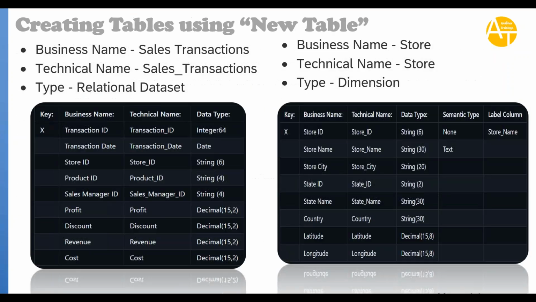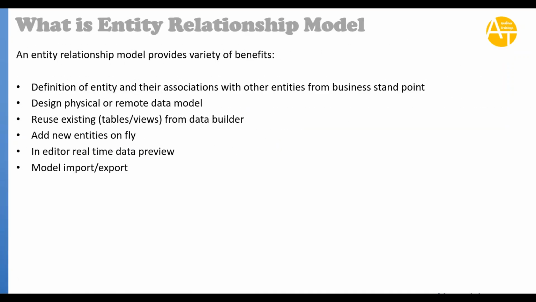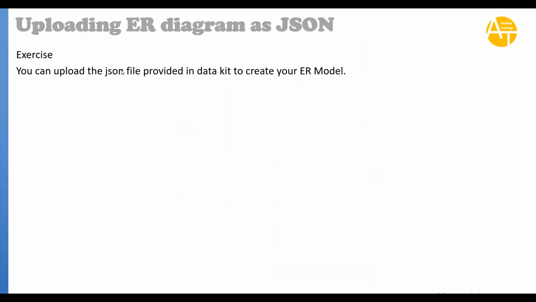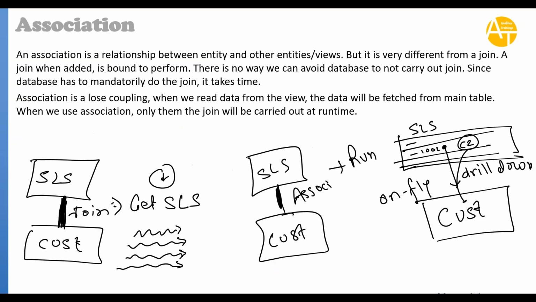Whenever you perform a join, it is always going to happen when it comes to a join condition. But when we do an association, an association is basically a way to load the data on the fly. So association always brings you the advantage.